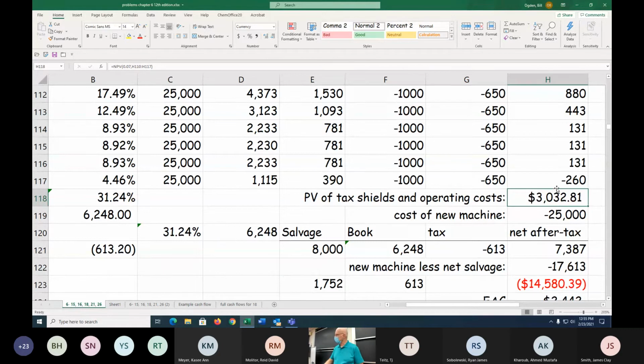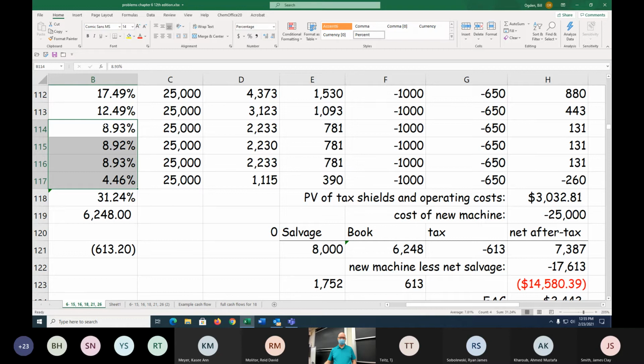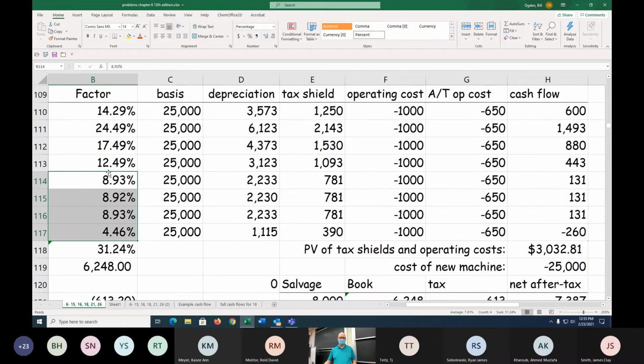It's a positive number. Okay, and then we have the new copier costing $25,000. And then here's the book value. Let's make sure we understand the book value. If we replace immediately, we have 4 factors we haven't taken on the old copier. It's the last 4 factors in the 7-year schedule.